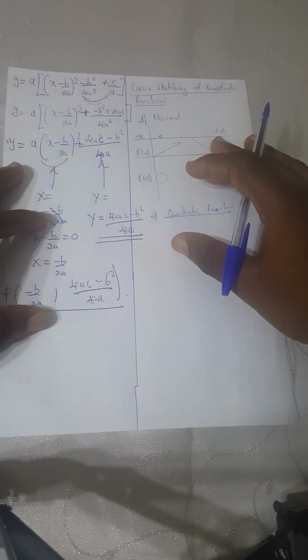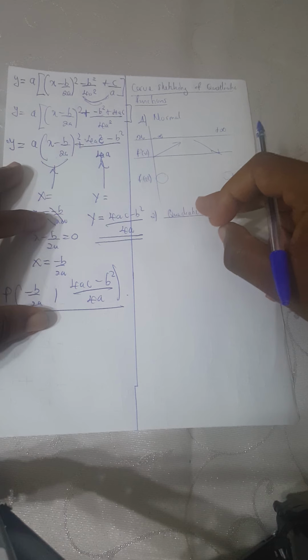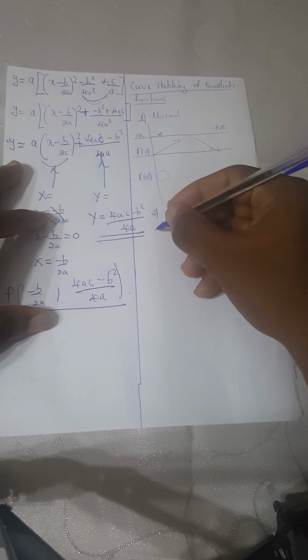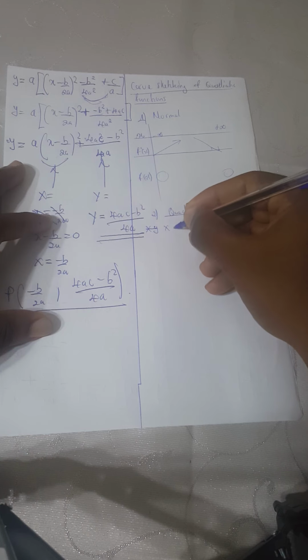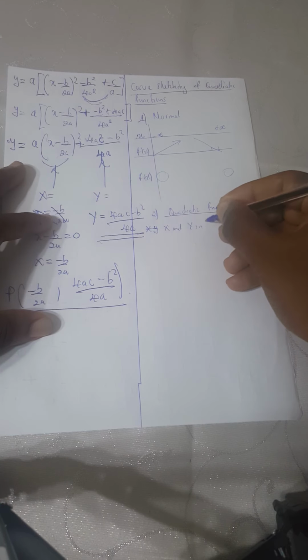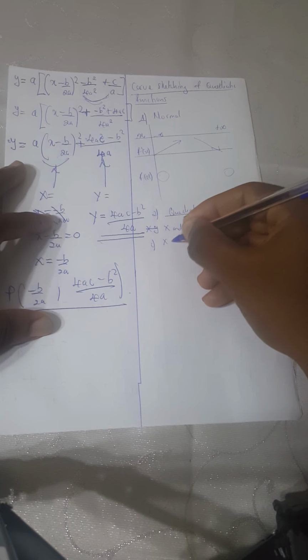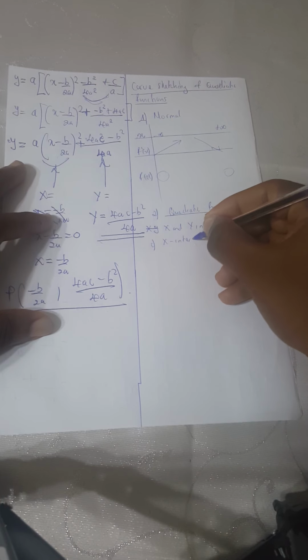Now, anytime you want to draw a quadratic function by method number 2, you require the x and y-intercepts. So the first thing to ask yourself is the x-intercept.